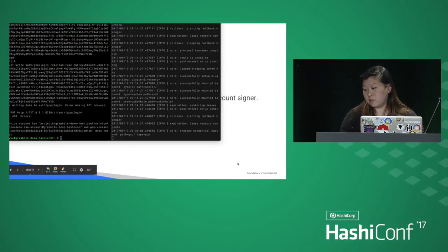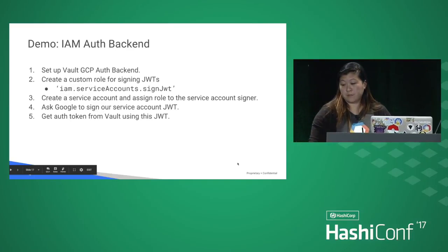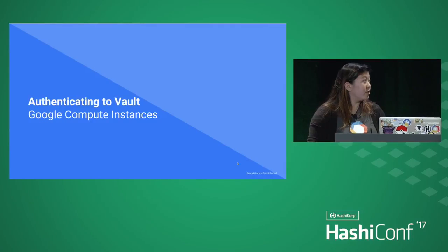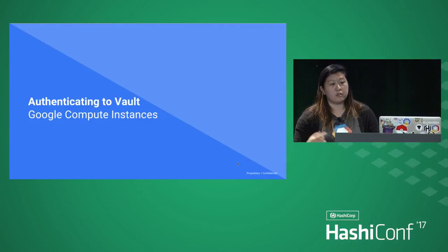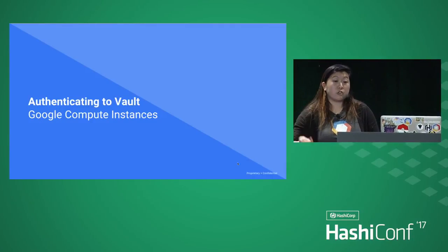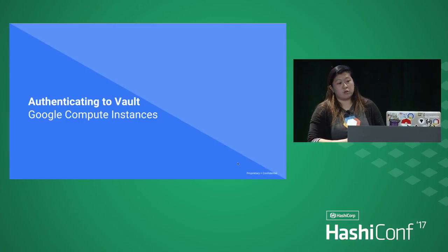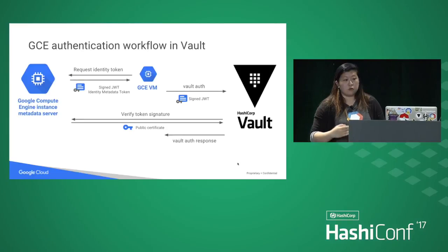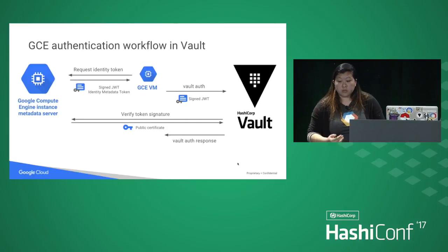So going back to the presentation, we're just going to move on to compute instances. The second method just got added today. This allows compute instances to authenticate to Vault as well. This is how it works.